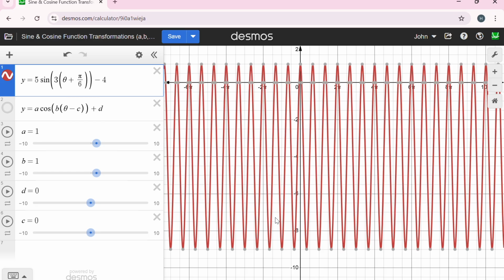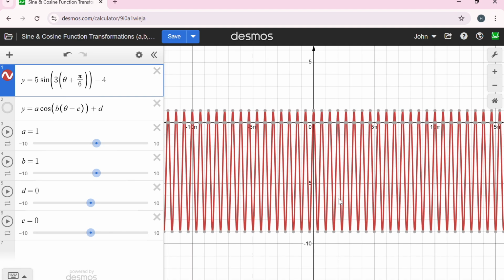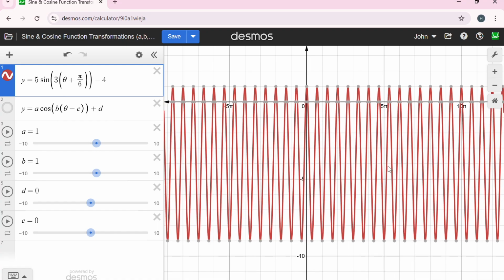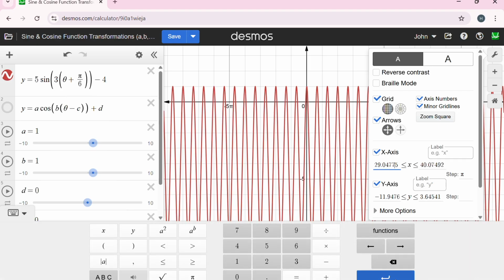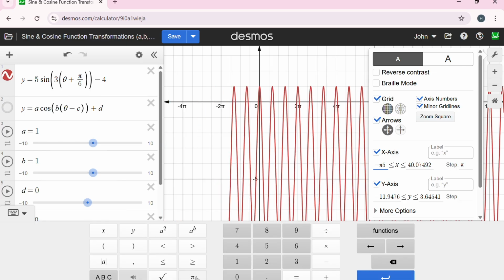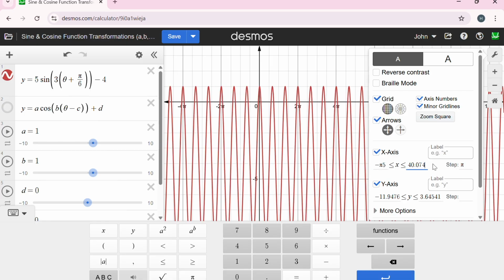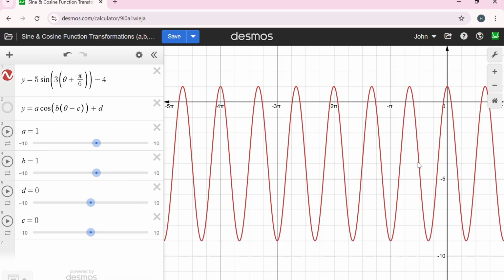So that is what we got, folks. Let me adjust the x-axis here. I'm going to go from negative pi to positive pi, just for a bit more scale here.